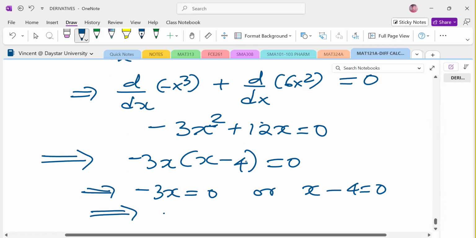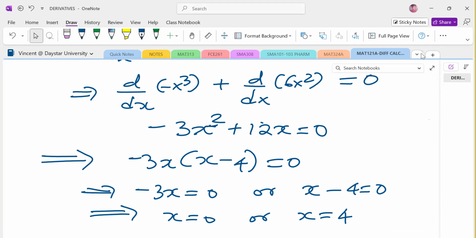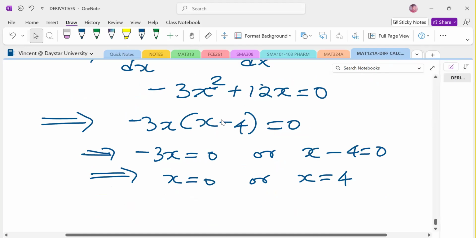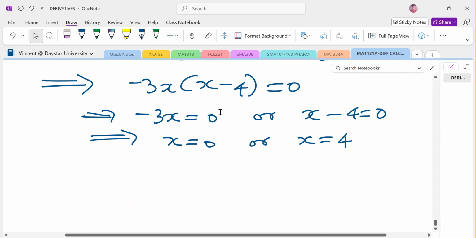So there are two values, x equals 0 or x equals 4. For the one answer, you are simply dividing through, taking the minus 3x squared to the opposite side and then dividing by 3x. That is a wrong way of solving the equation. These are quadratics and have two solutions. So if you give only one answer, you get it wrong. So now x equals 0 and x equals 4. So when x equals 0, what is f of 0?